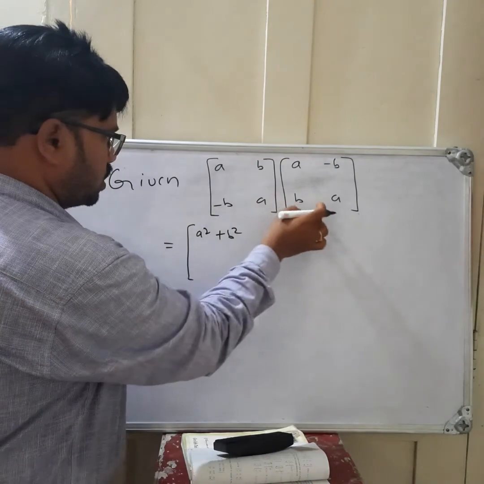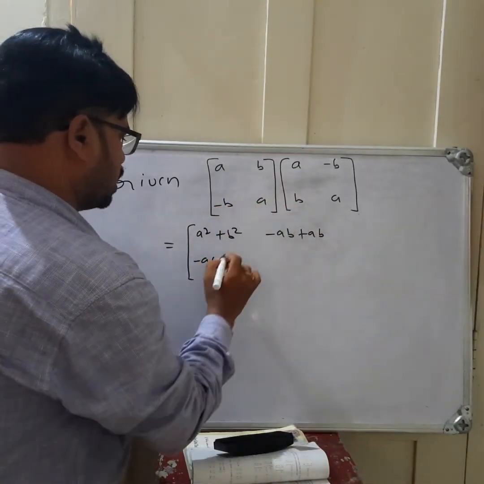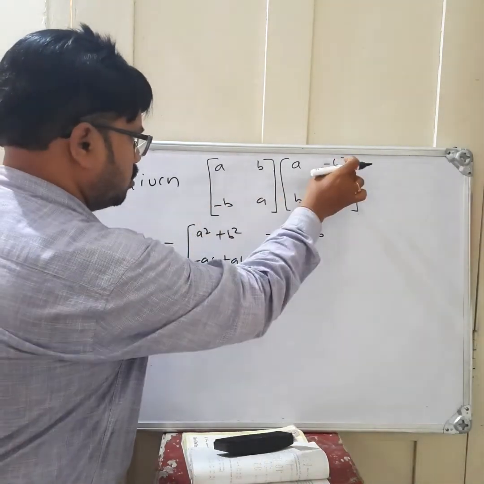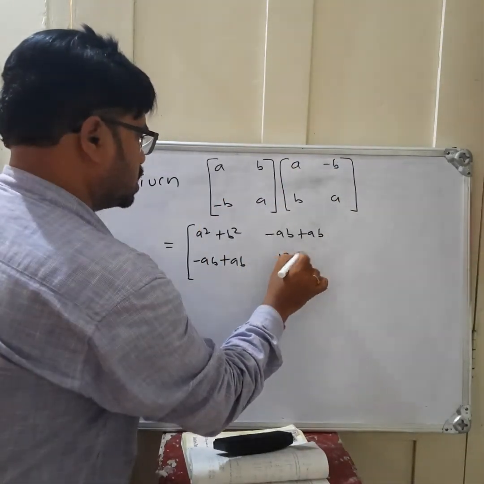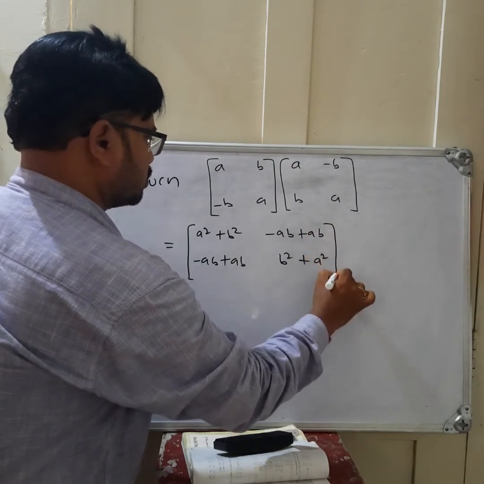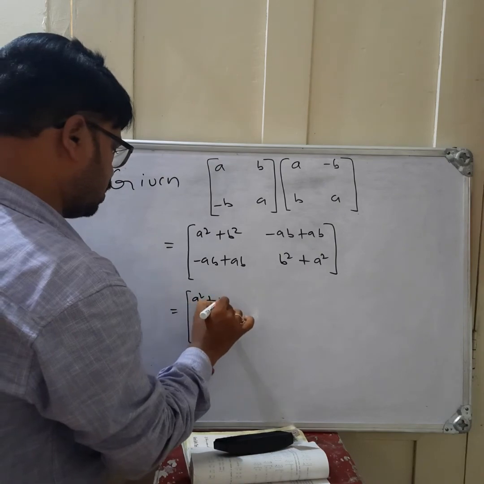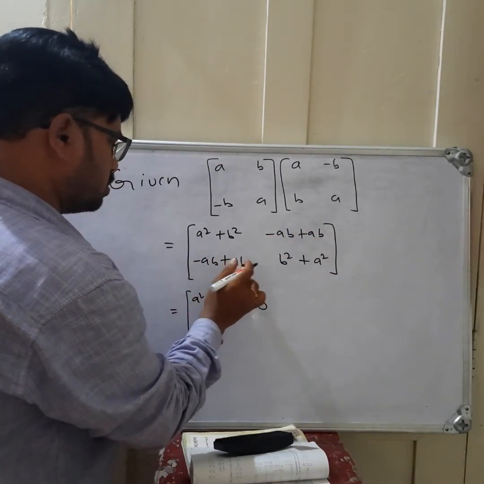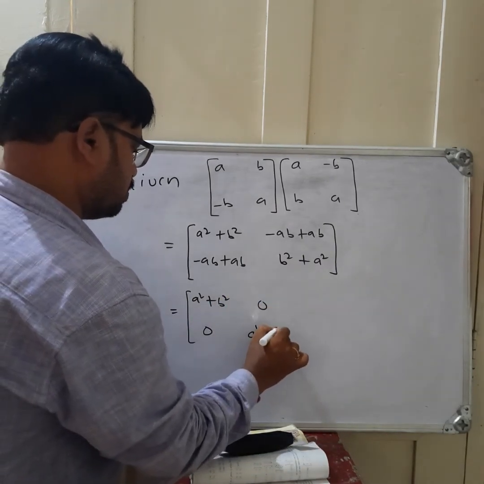Next second row, first column, minus B into A, minus AB, plus A into B is AB. Next minus B into minus B, minus into minus plus B into B, the value is B square, plus A into A, we get A square. So this value is A square plus B square, minus AB plus AB gets cancelled to 0, and minus AB plus AB is also 0, and this also A square plus B square.